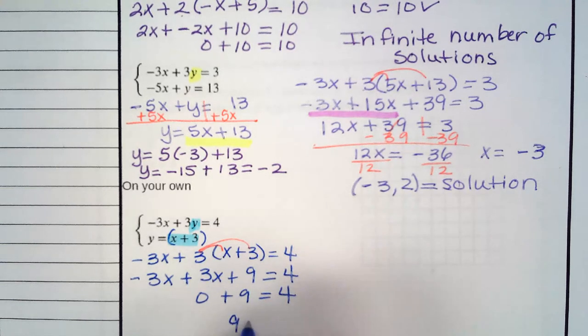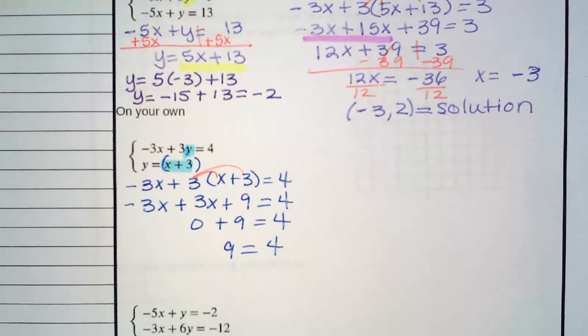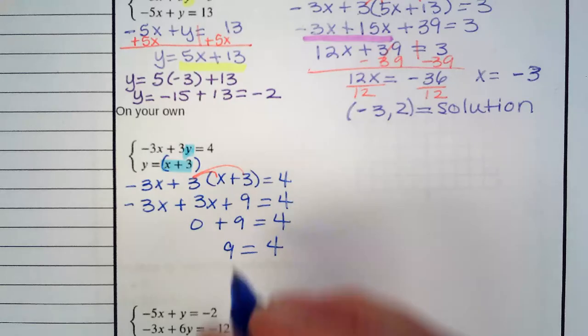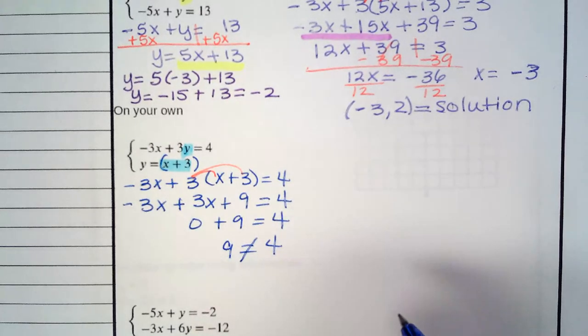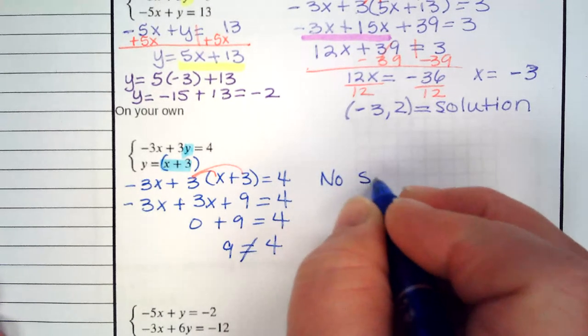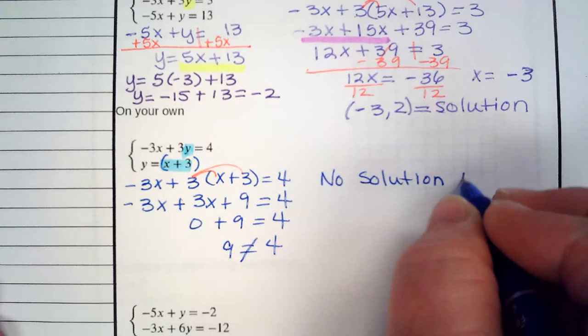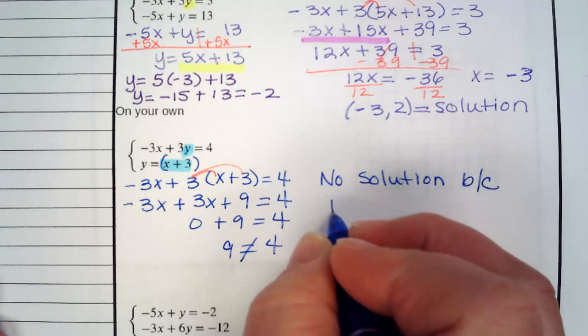I end up with 9 is equal to 4. When does that happen? Well, it never ever happens. If it can never be made into a true statement, there is no solution because the lines are parallel.